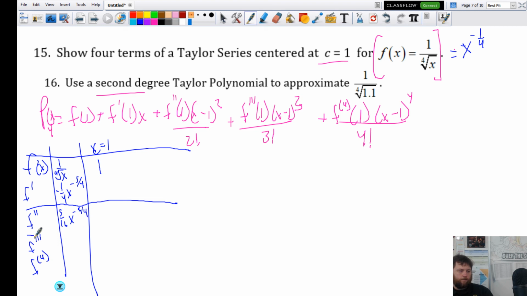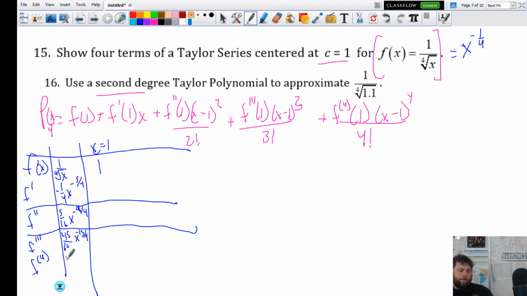That looks fun. The next one, 45 over 16 times 4 is 64, x to the negative 13/4.